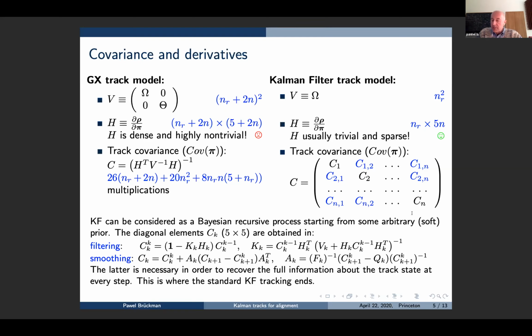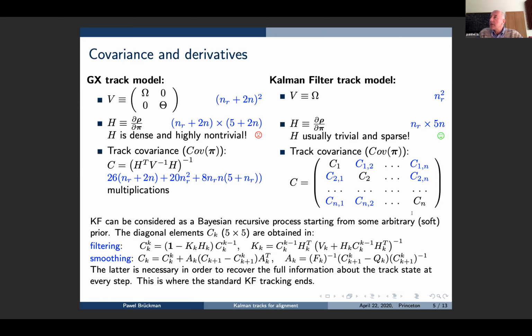In the presence of material and non-trivial magnetic field, it may be pretty complex. The track covariance, which I've already introduced, takes quite some number of operations to get.